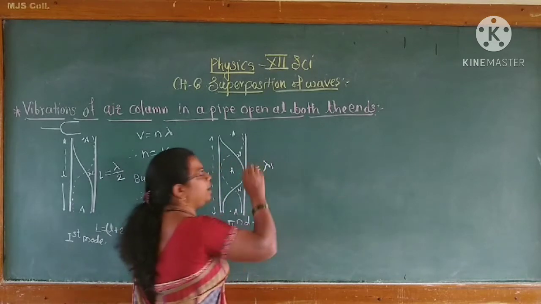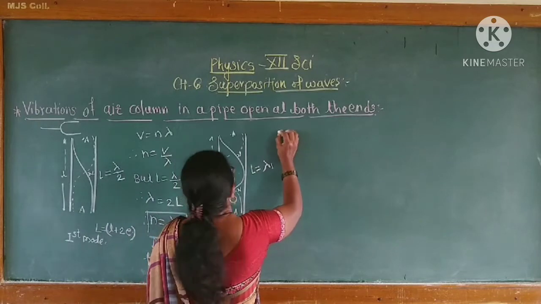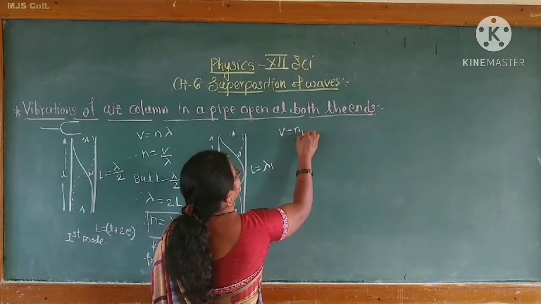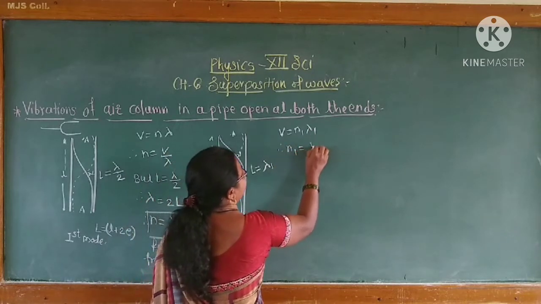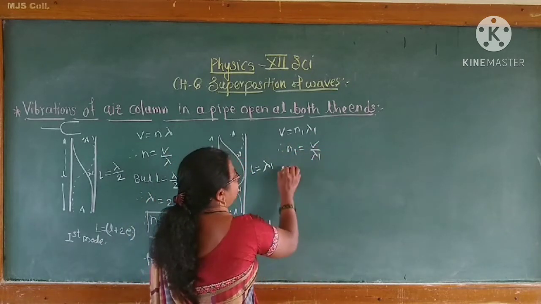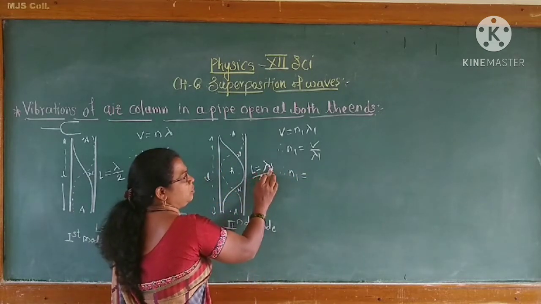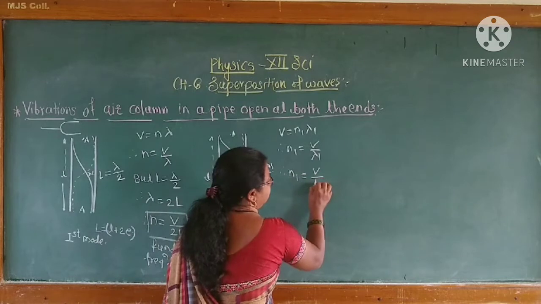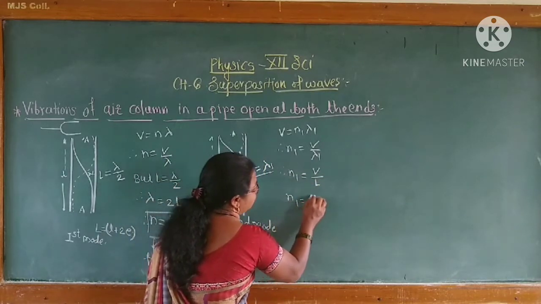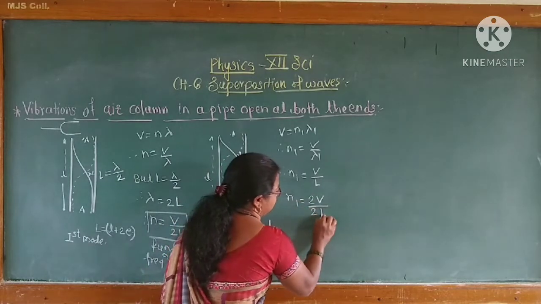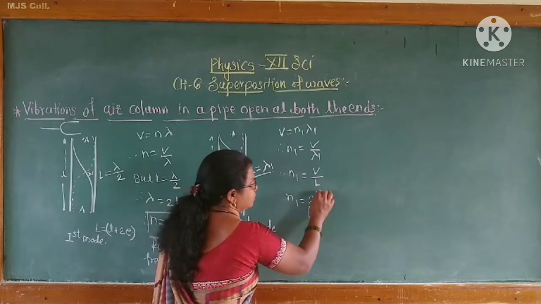Consider this as lambda 1. Now v is equal to n1 lambda 1, therefore n1 is equal to v upon lambda 1. The value of lambda 1 is equal to L, therefore n1 is equal to v upon L. By multiplying and dividing by 2, n1 is equal to 2v upon 2L.